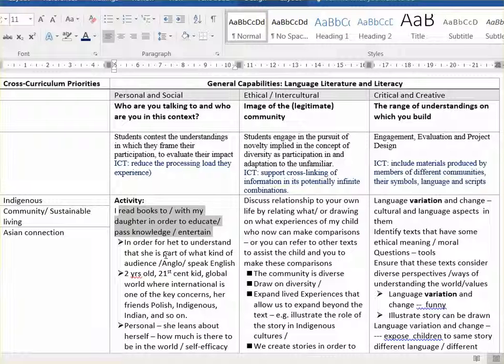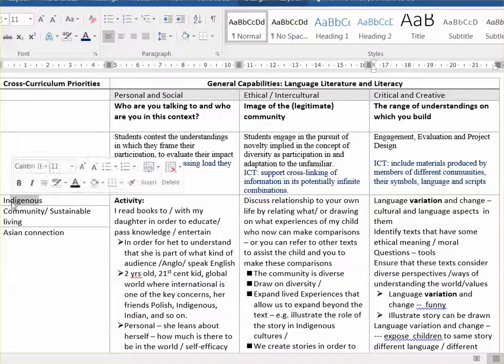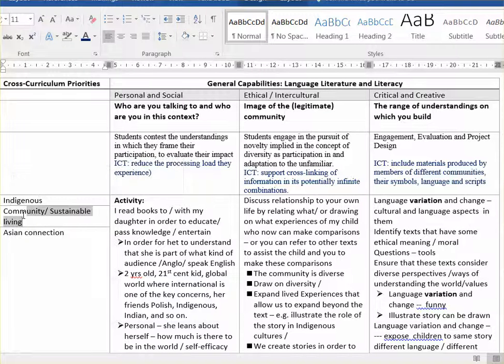And that was a headache, because obviously my students were thinking, well, we're taking an English book, so that has nothing to do with Indigenous people. Obviously, we're doing this to build a relationship with a child, like the student said, to educate, to pass knowledge, to entertain. But I asked them, how do you educate children?